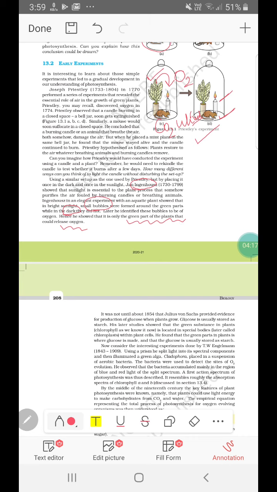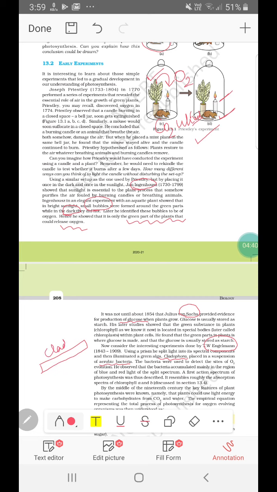Next was Julius Sachs. This scientist showed that glucose is produced during photosynthesis. Next, Engelmann used a green alga, Cladophora, and a suspension of aerobic bacteria. He used a prism to see in which light photosynthesis is maximum.